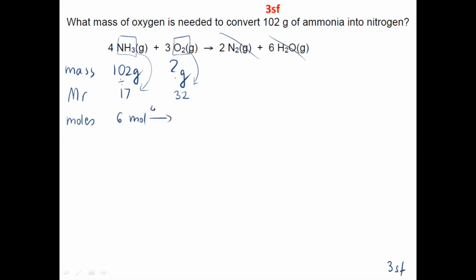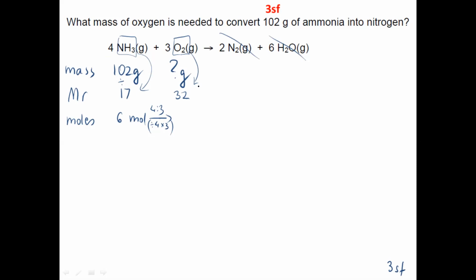Okay, the ratio is 4:3. So what do you need to do? You need to divide by 4 and times 3, because you need to first see how many oxygens 1 NH3 gives you, and then you times it by 3.